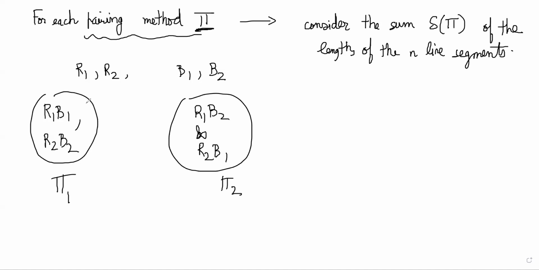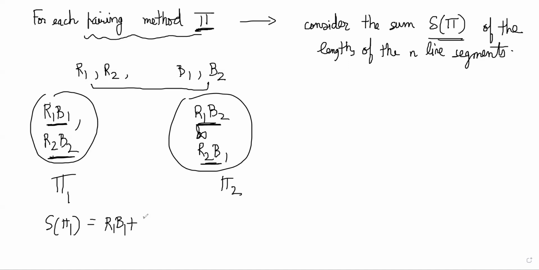For example, here there were 4 points and 2 line segments in each pairing. In pairing 1, the line segments are R1, B1 and R2, B2. In pairing 2, they are R1, B2 and R2, B1. So S pi 1 would be R1B1 plus R2B2, and S pi 2 would be R1B2 plus R2B1.